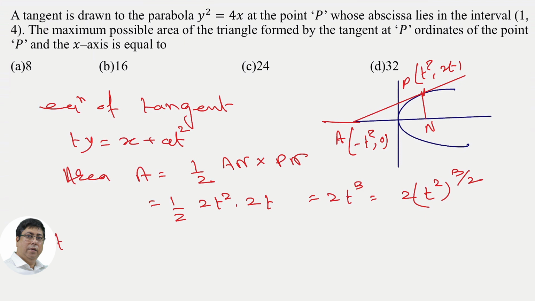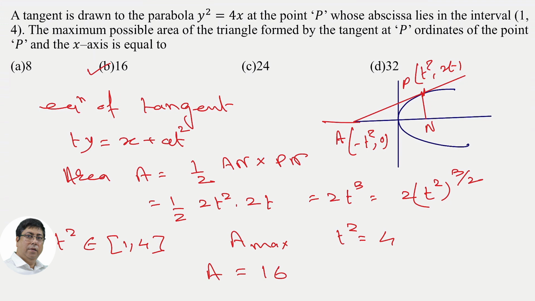So given t square belongs to 1 to 4, A max is obtained only when t square equal to 4. Therefore maximum area, put t square equal to 4, we are getting to be 16. So the final answer is option B.